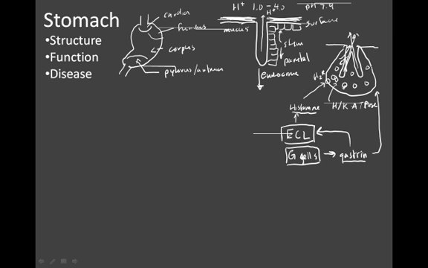And gastrin is recognized by CCKB type receptors, which when activated increase the amount of intracellular calcium inside the parietal cells, and also increase the amount of proton secretion.